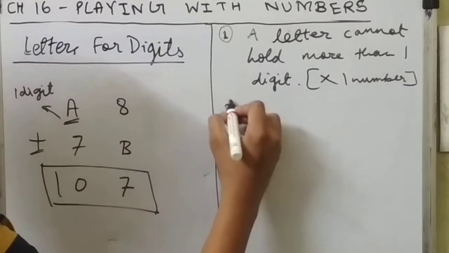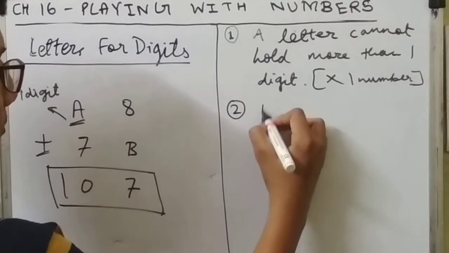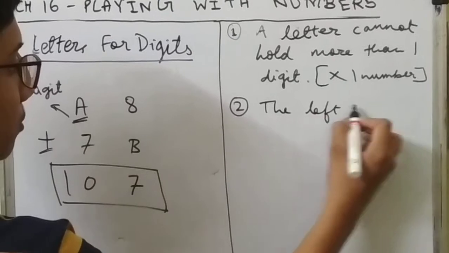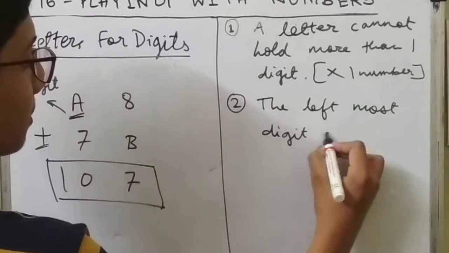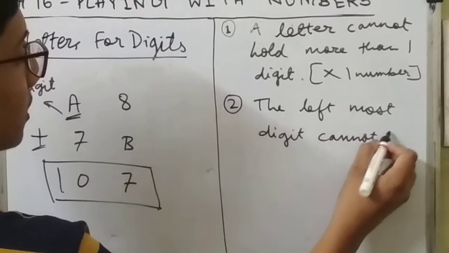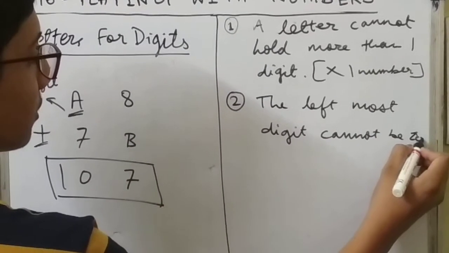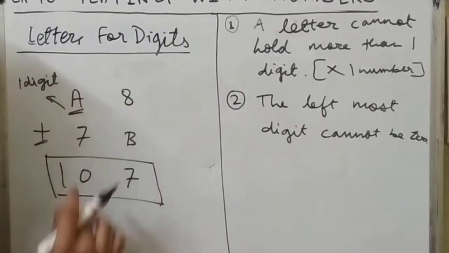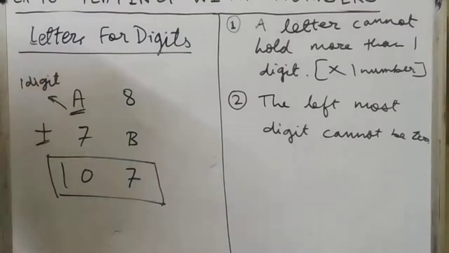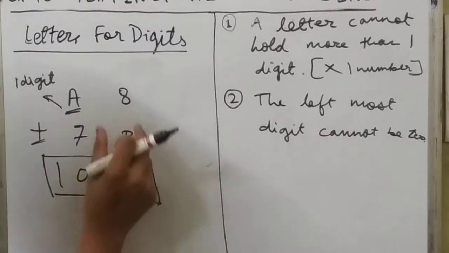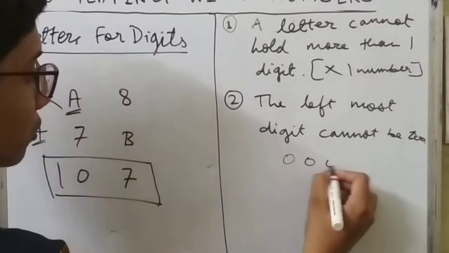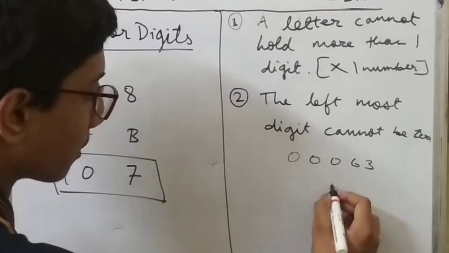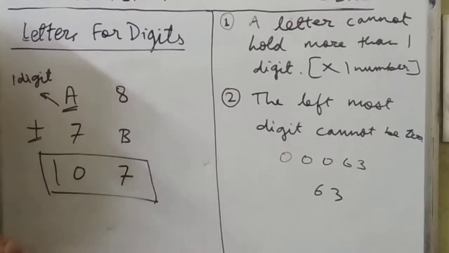Now the second rule says that the leftmost digit cannot be 0. That means the leftmost digit of a number cannot be 0, else the number of digits will be reduced. Like if I write 0000063 or 63, is there a difference?